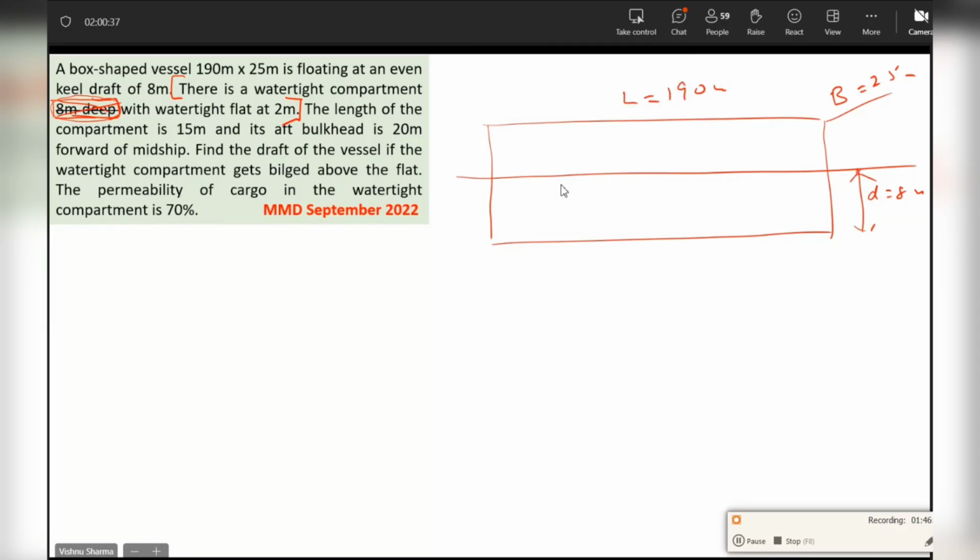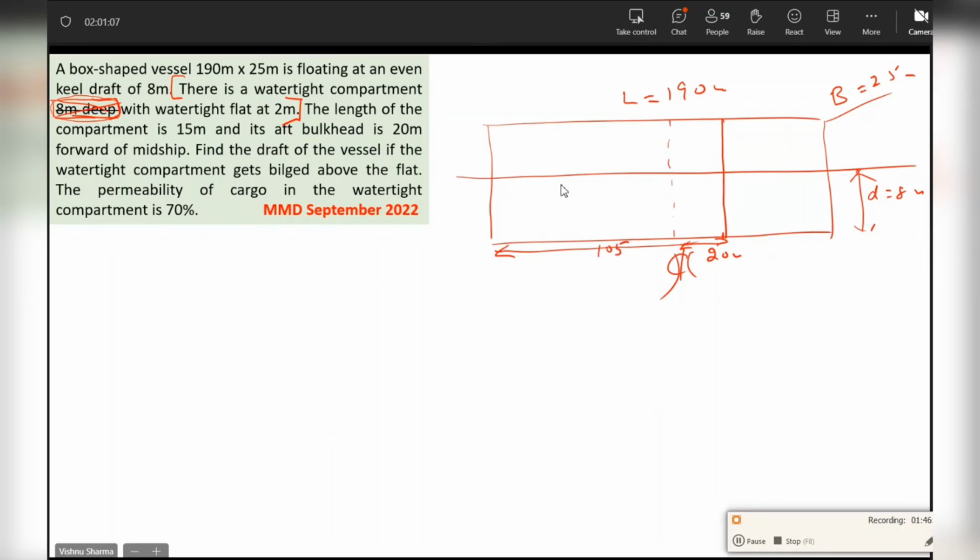The length of the compartment is 15 meters and its after bulkhead is 20 meters forward of midship. So here is your midship, and this distance is 20 meters. So this entire distance from here to here will become half the length, 85 plus 20, 105 meters.